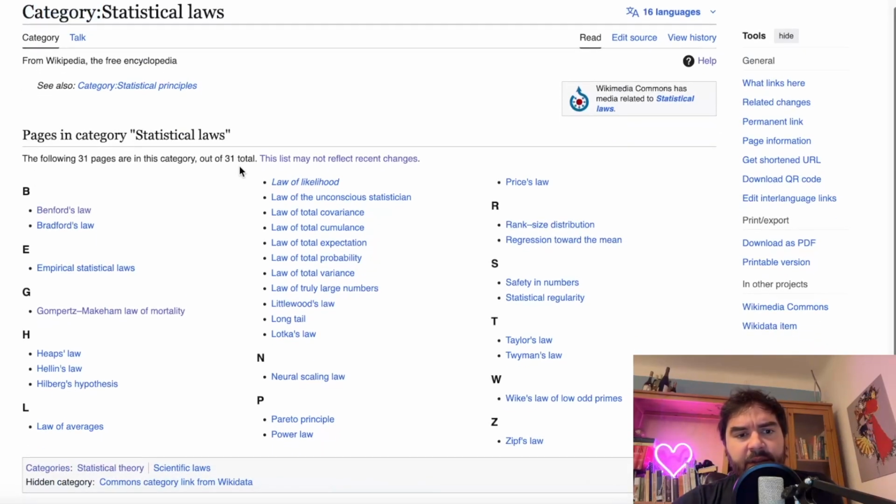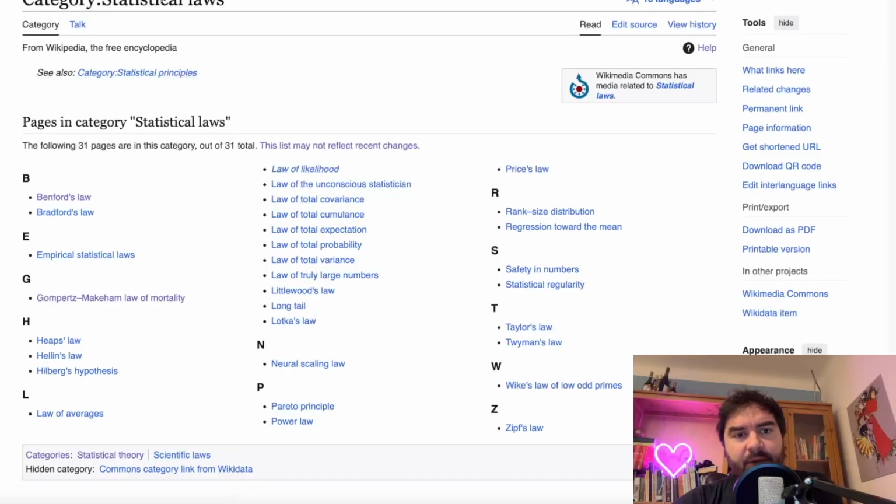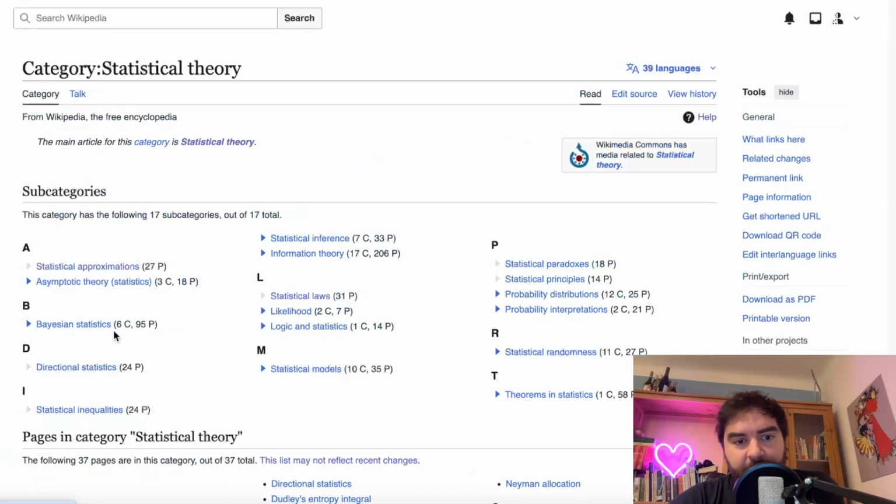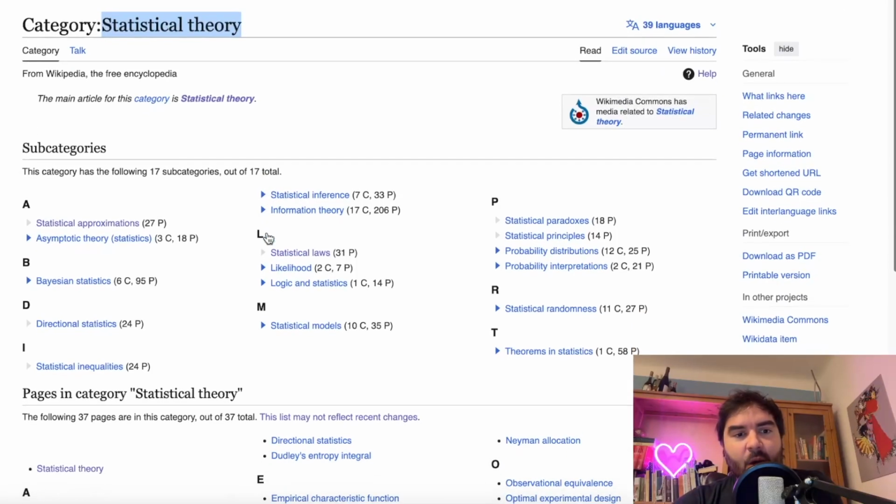You see here that inside this category, statistical laws, there are pages, but this page, which is of type category, also belongs to another category, which is another page called statistics theory. And the statistical theory category page hosts links to a bunch of other categories.